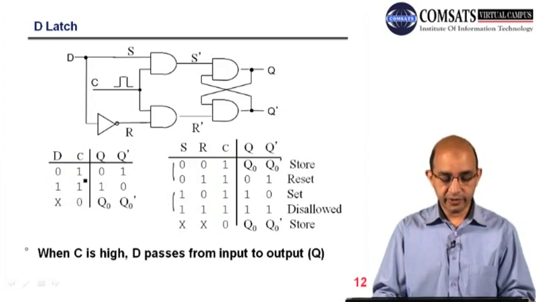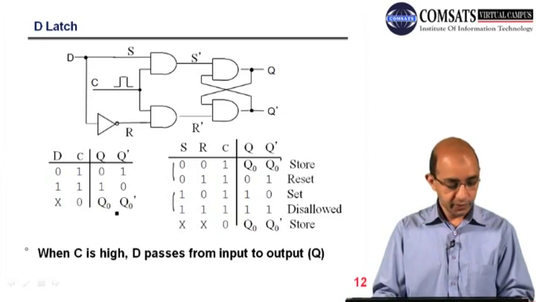Here you can see when the clock is 1, Q is following D. Here again D is 1, this control signal is high, so Q follows D. And whenever we have the control signal 0, irrespective of the value of D, it will retain the previous state.